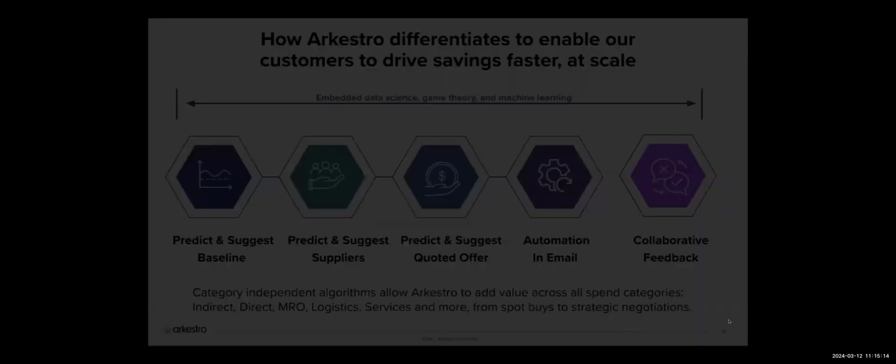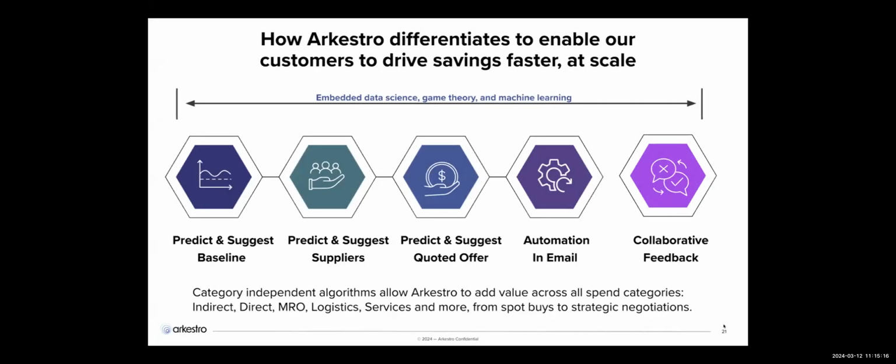Next slide, please. This process aligns with the data science, game theory, and machine learning at every step of the process where data is involved, whether it's baselining, creating those relevant supplier cohorts, or suggesting a quoted offer.